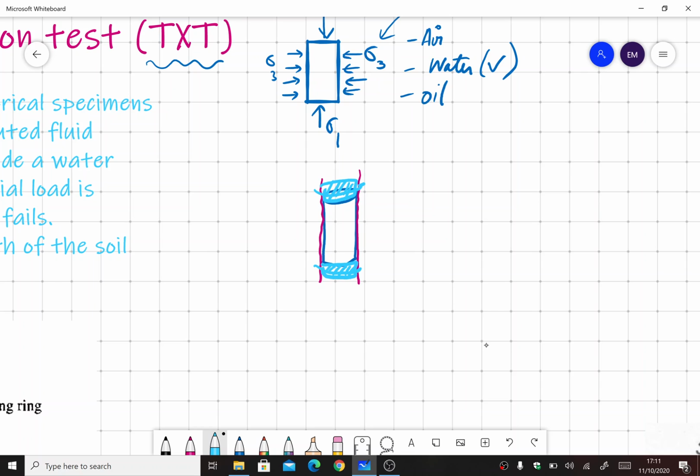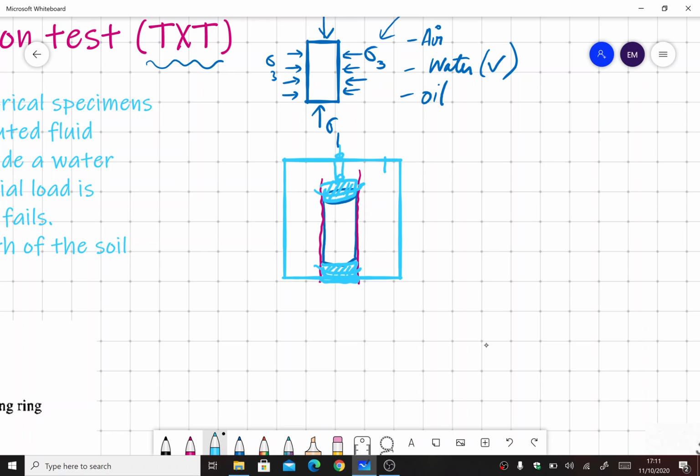Now, how to apply pressure? As engineers, we already know that if we want to apply pressure, we have to place the specimen in a confining chamber. So we will place this whole assembly inside a confining chamber. This is the loading piston that will transfer load from the top, and this is the base or the pedestal.